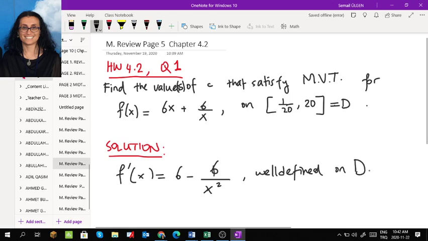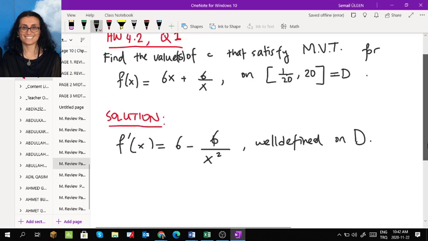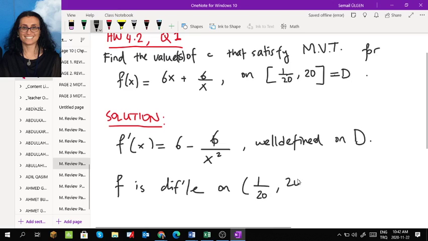It is well defined on D, so f prime exists and f is differentiable. Actually, f is differentiable on the open interval from 1 over 20 to 20, and f is continuous, because there are no bad points here.